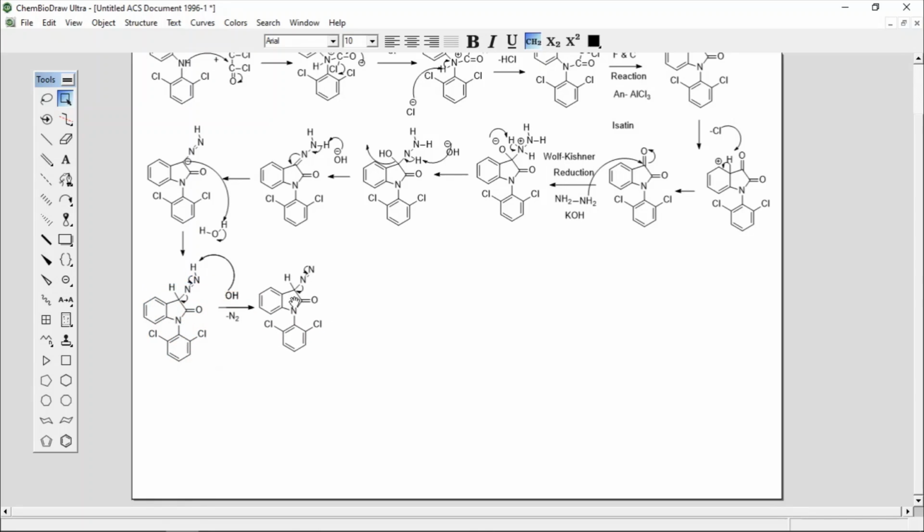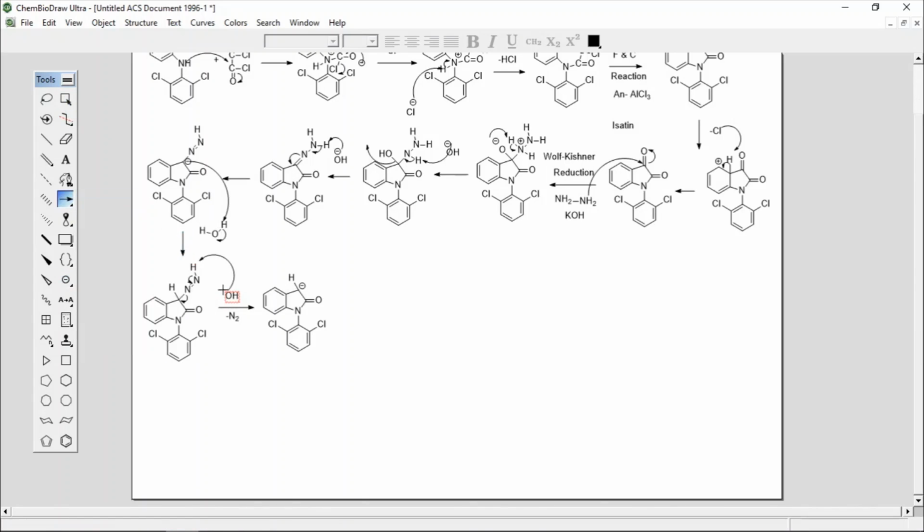So we will get this carbanion. There is a negative charge on this carbon. Now the next step is this OH minus takes this hydrogen and converts to a water molecule.